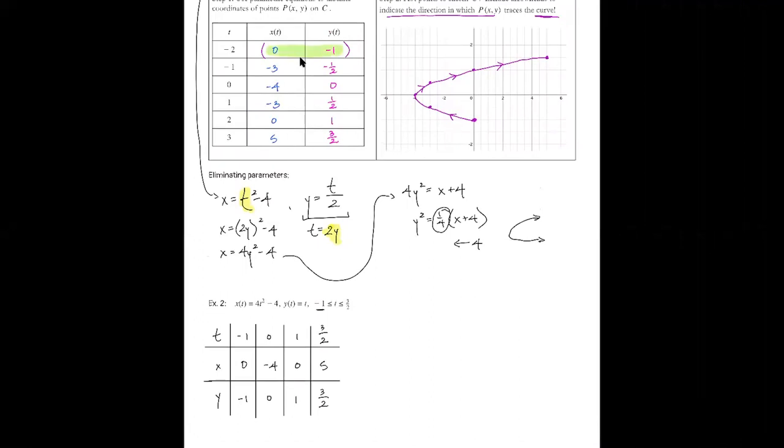And in my second table, guess what point I also have? (0, -1). Let's see if there are any other points in common. (-4, 0), (-4, 0). (0, 1), (0, 1), and (5, 3/2), and (5, 3/2).